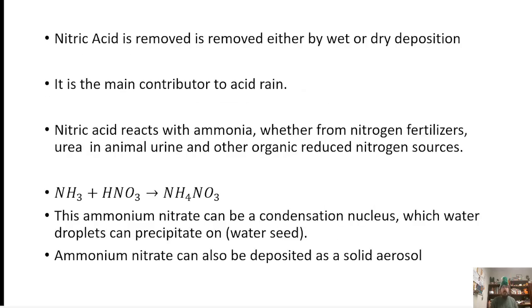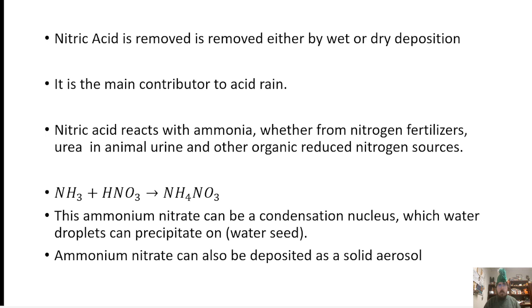But once we form nitric acid, it doesn't react any further. It stays in the atmosphere until it's removed through wet or dry deposition. So until it reacts with water and gets dissolved in water, or it binds to particulates in the atmosphere that can settle onto things.